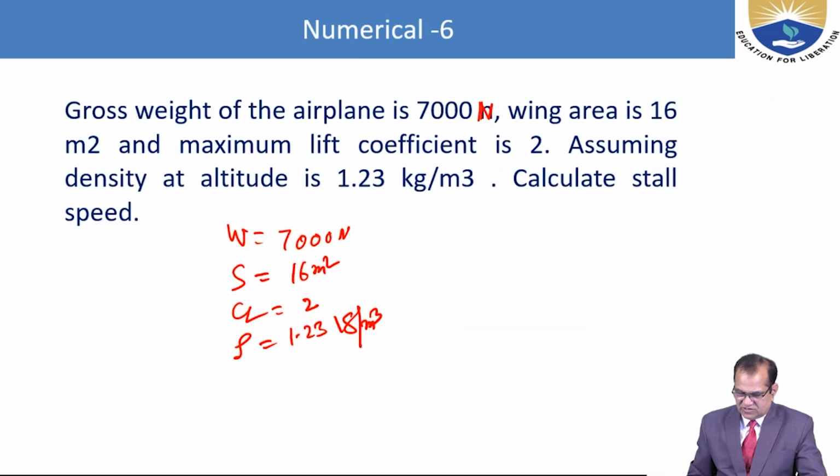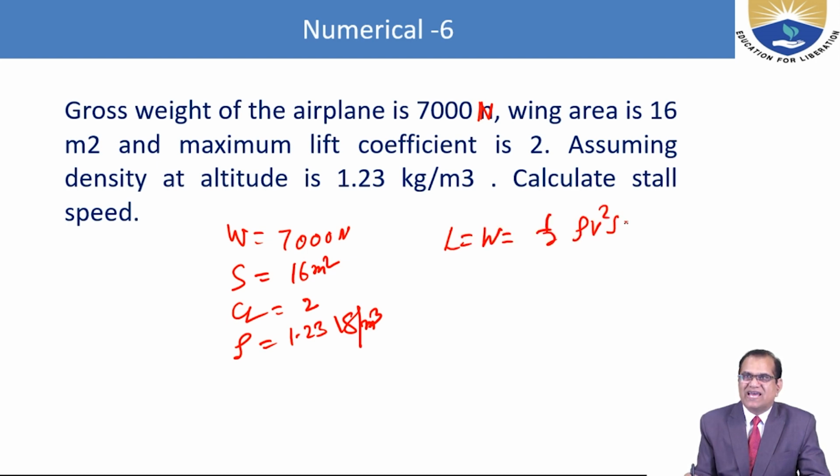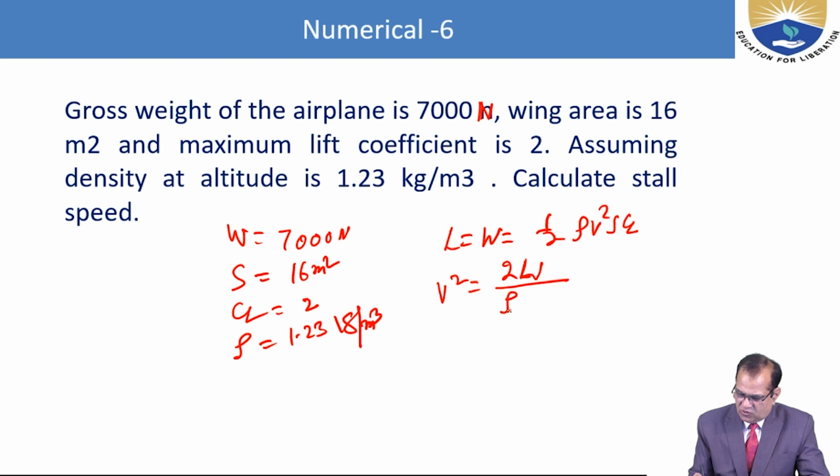We know that L is equal to W is equal to half rho V square S CL. So if you want to find V, V square is equal to 2W divided by rho S CL. V is equal to the square root of 2W by rho S CL.